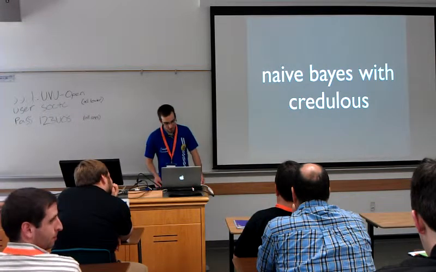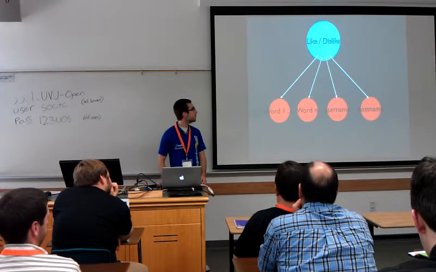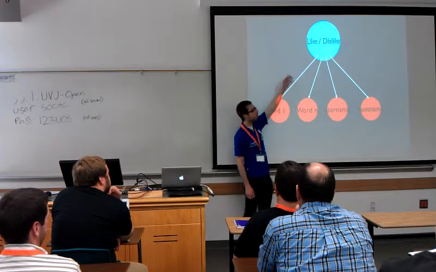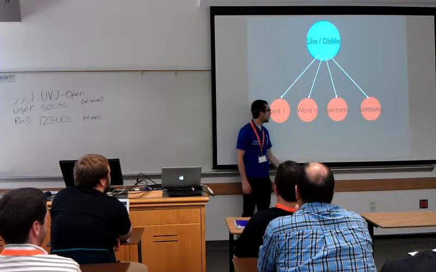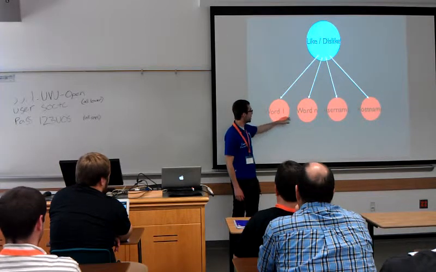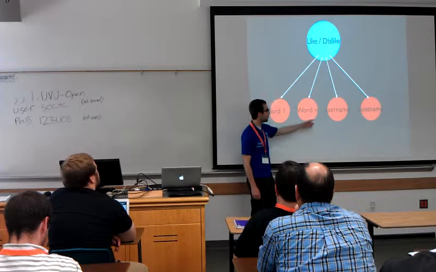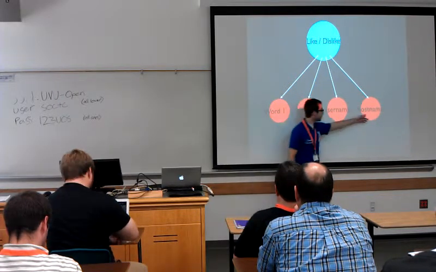Yeah. But I wrote a naive Bayes classifier called Credulous. Just as a review, we have our class. And in this case, instead of spam and not spam, it's going to be, do I like this thing or do I not like it? And then we have a bunch of words that we'll see from the title. And then the other things that I chose to train on were just the username of the guy who posted it, and then the host name.